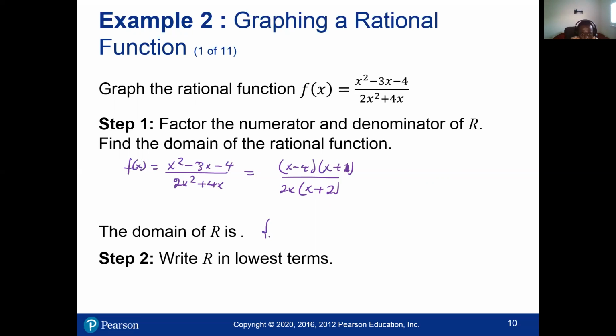Domain is all real numbers such that x is not equal to -2 and 0. Now, this is the factored form. In the reduced terms, f of x is the same thing, x minus 4, x plus 1, and then 2x, x plus 2. So we have the domain. We have steps 1 and 2. Remember we've done this before, so it's easy to remember that.